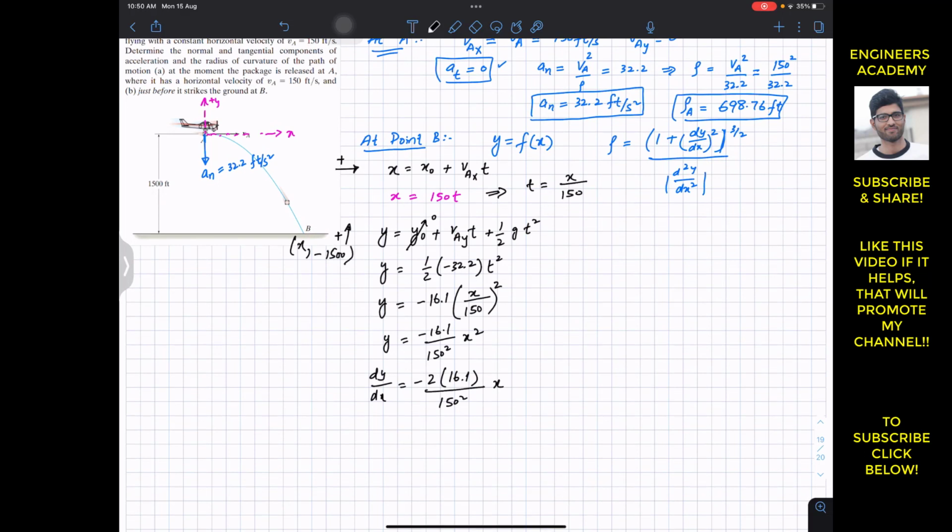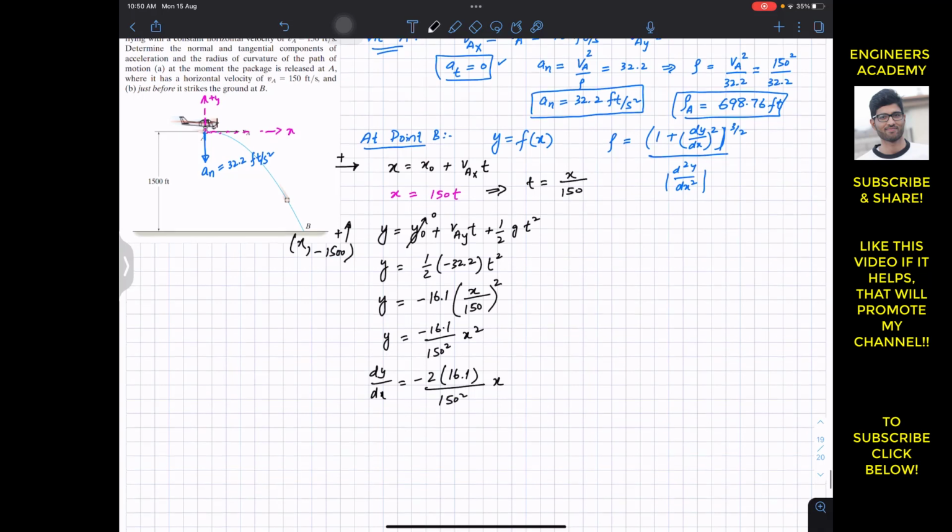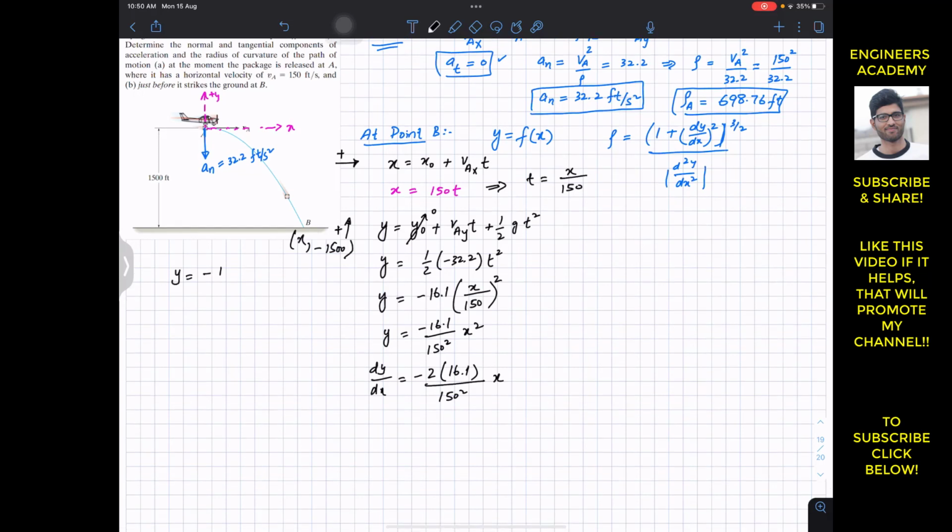So now if we substitute this minus 1500 into this equation, we will be able to find the x coordinate, since we have this y as a function of x. So we can write that y equals minus 16.1 divided by 150 square x square.